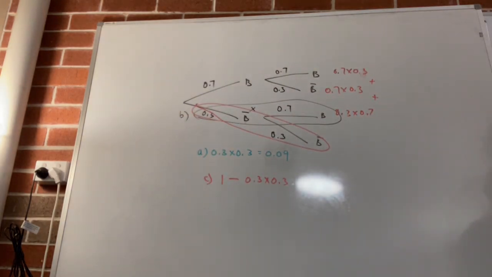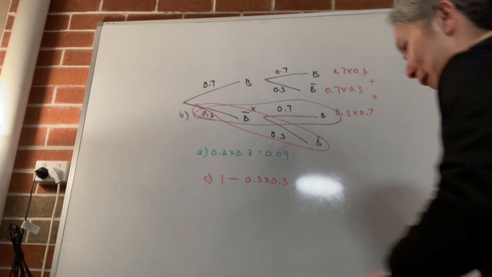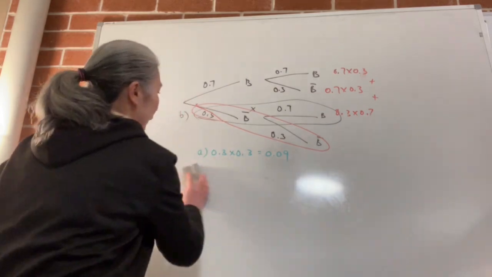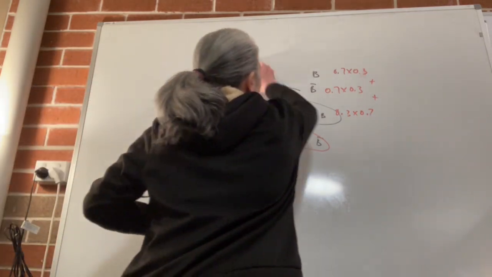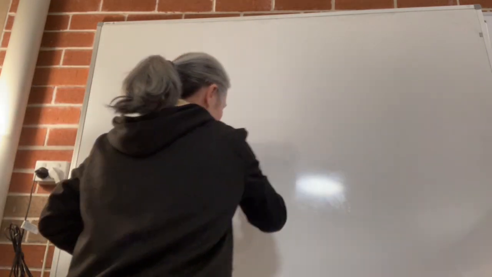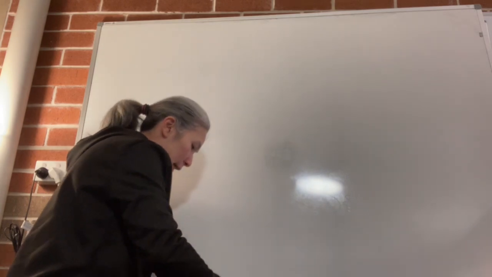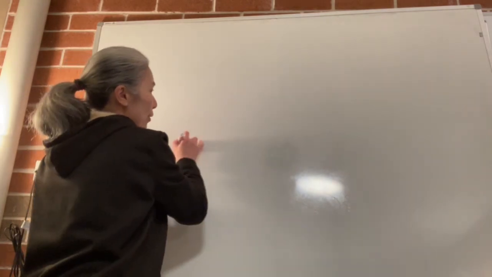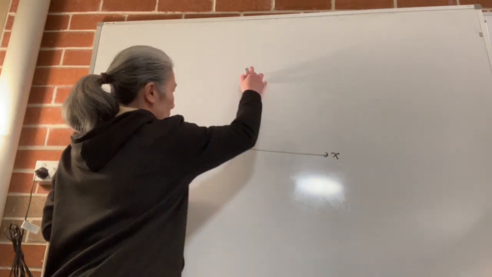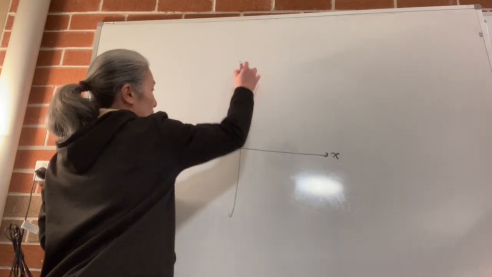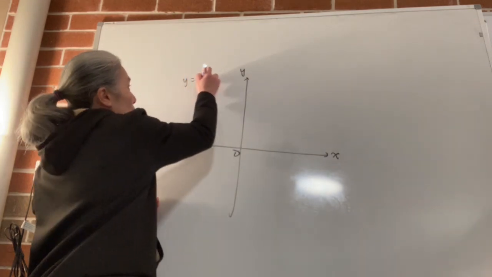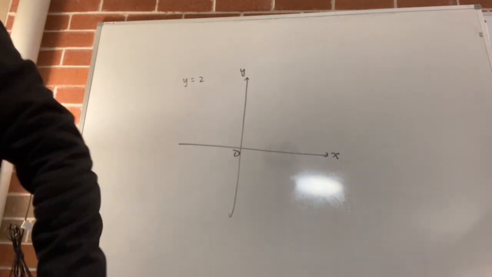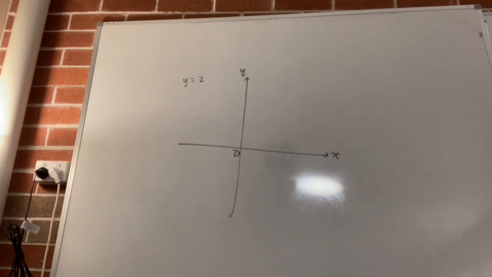Okay, so still remember our number plane, all the equation of the line, yeah? So let's quickly recap what you did before. Can you remember if I want you to sketch y equal to 2, what is the line going to look like?